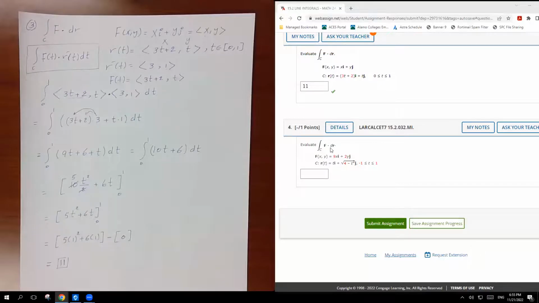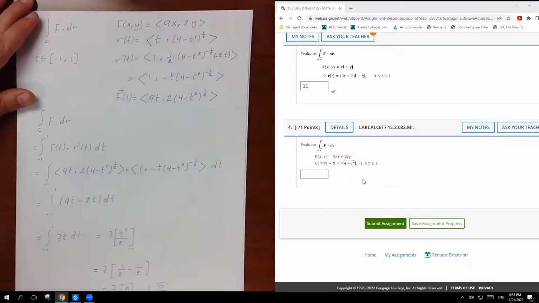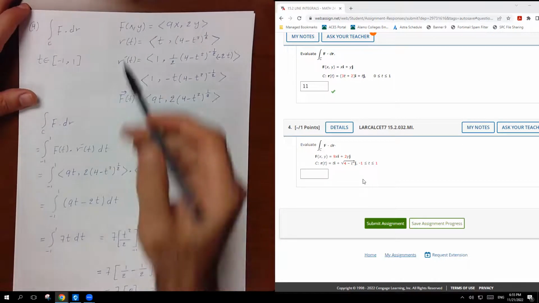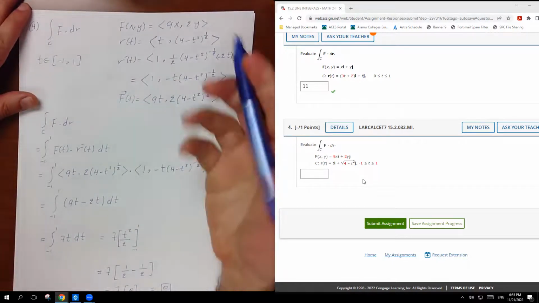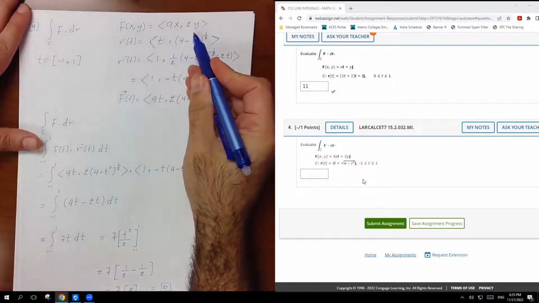The last one, example 4: evaluate the integral over the line C of F dot dr. So F of x, y is 9x i plus 2y j, and here is r of t. So let's check how we're going to solve this one. F of x, y is going to be 9x and 2y in component form.